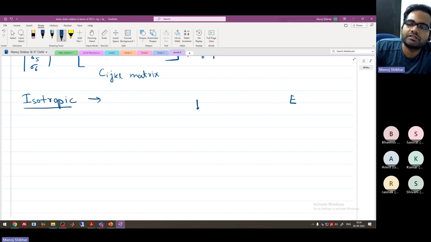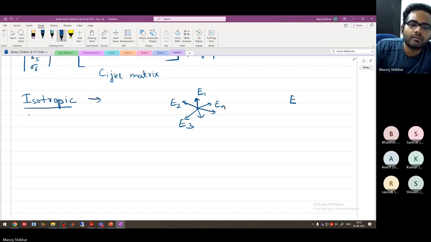Now, if I move in this direction, suppose I am getting some Young's modulus E1. If I move in this direction, I'm getting some Young's modulus E2. I'm moving in this direction, I'm getting some Young's modulus E3. And similarly, if I move in different directions, I'm getting some value of Young's modulus.